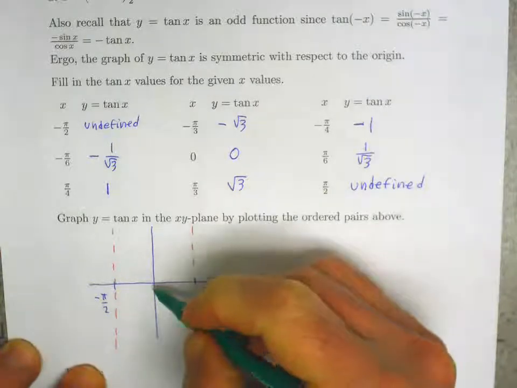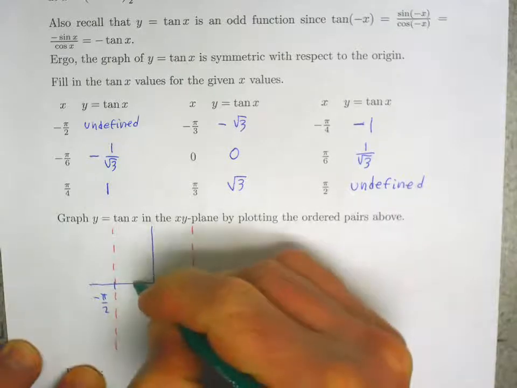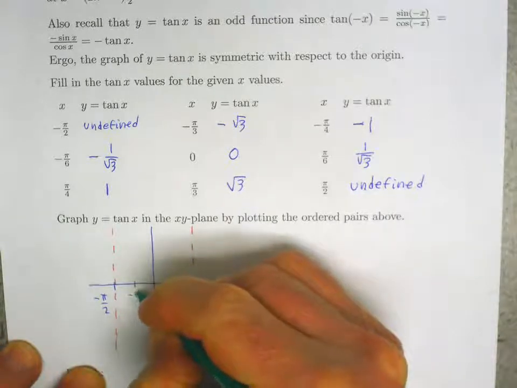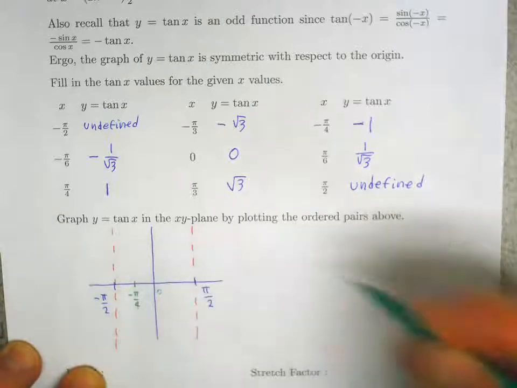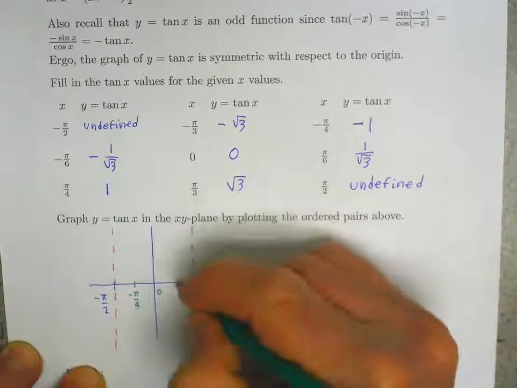So between negative pi over 2 and 0, we have negative pi over 4. And halfway between 0 and pi over 2 is pi over 4.